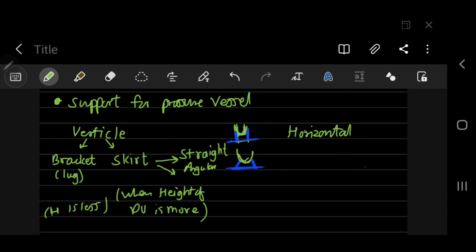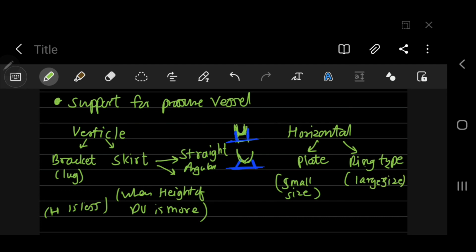Now we will see the supports which are provided for a horizontal cylinder. For a horizontal cylinder, we can provide a plate type support or a ring type support. Okay, the plate type support is provided for a small size pressure vessel, and the ring type support is provided for a large size pressure vessel.